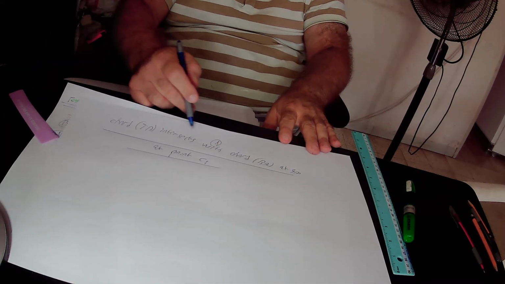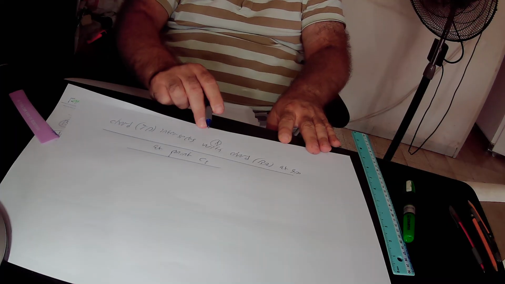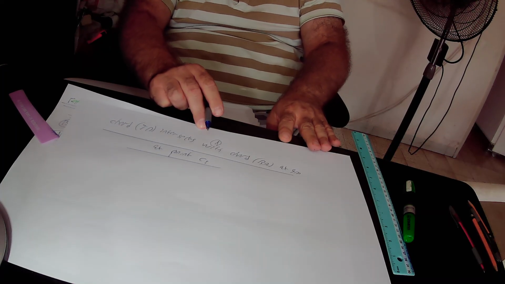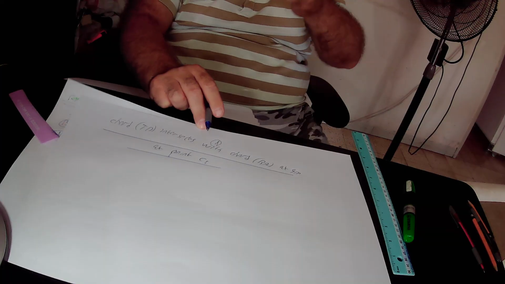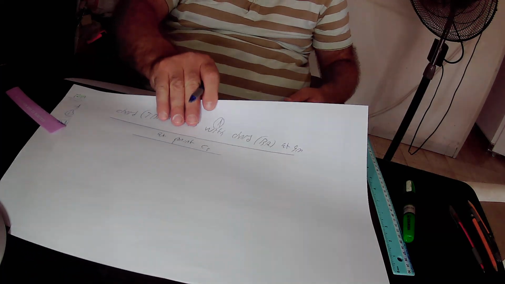Chord TD intersects with chord BQ at 90 degrees at point C. So all the requirements of rule 26 are satisfied, and therefore we can implement rule 26 in our drawing.